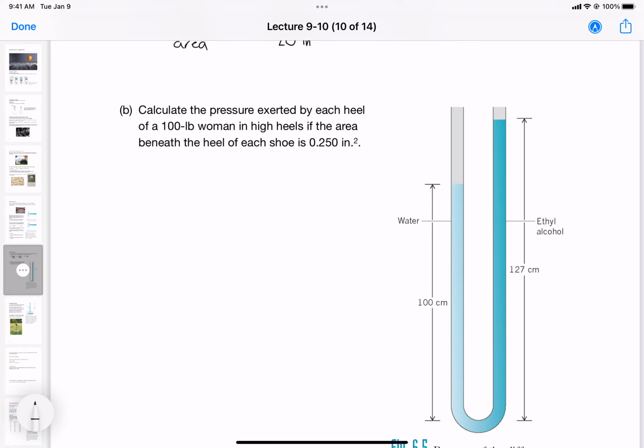So in this case, we assume that each heel is going to be evenly distributed, as if we distribute the weight by four. Because if we have two shoes, two soles of the shoe, that will divide the weight in half, and then the heel will further divide that weight in half, because there's two heels that are supporting the sole of the shoe.